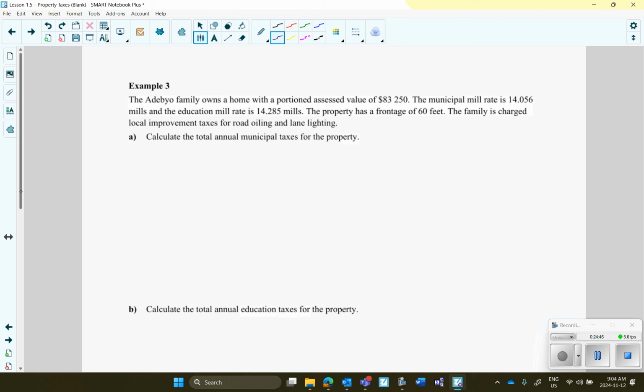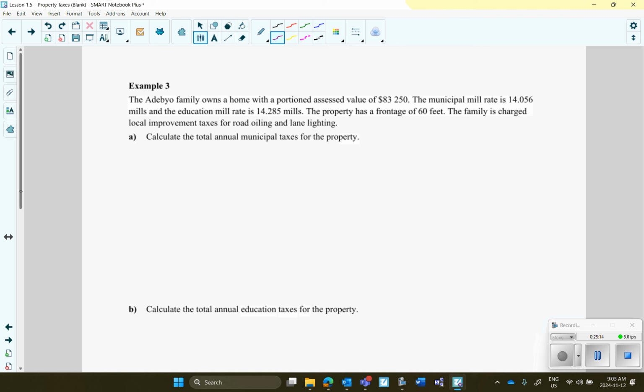They're charged local improvement tax for road oiling and lane lighting. So we want to get three things: the municipal taxes, comprised of general municipal and local improvement, the education tax, and then add those two amounts together on C to get the total property taxes.